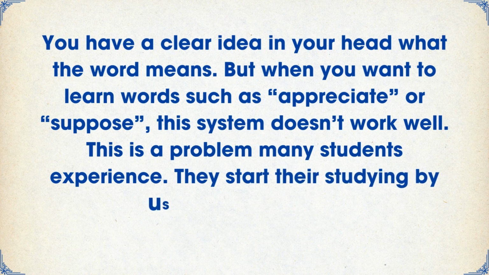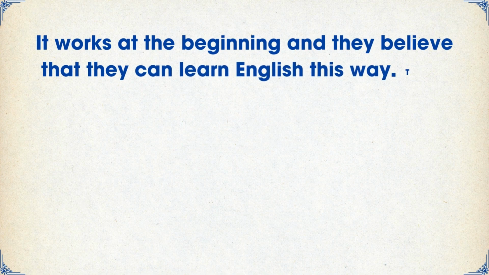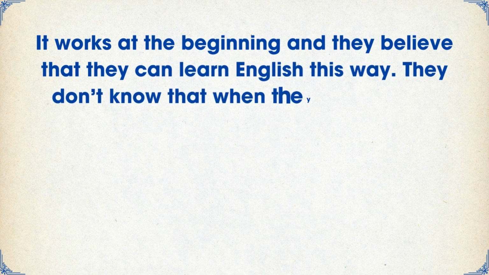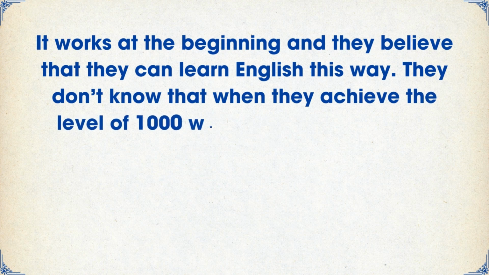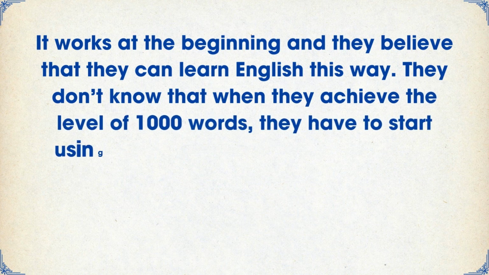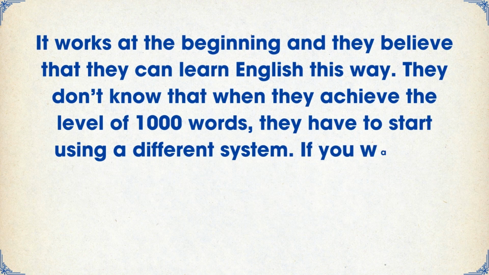They start their studying by using lists of words. It works at the beginning, and they believe that they can learn English this way. They don't know that when they achieve the level of 1,000 words, they have to start using a different system.